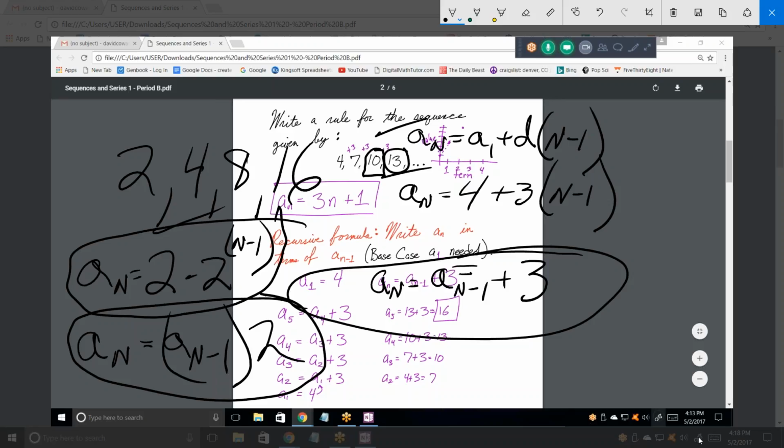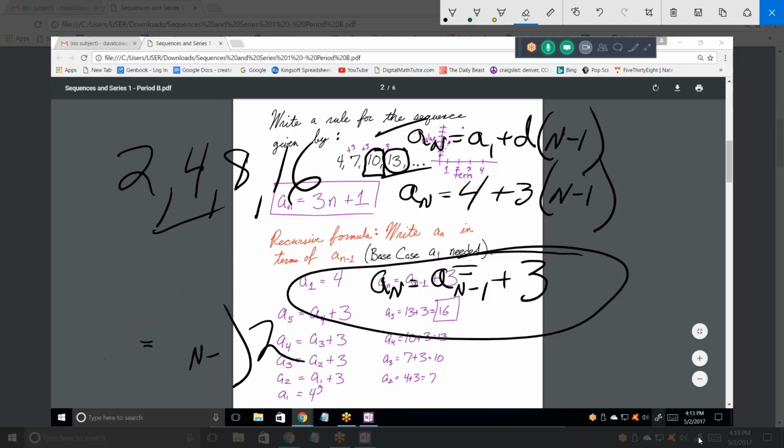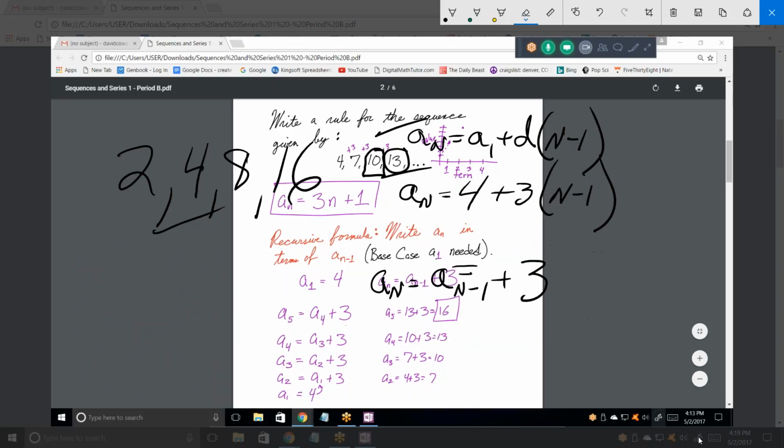I'm going to probably need to use it in a problem. Probably. I'm guessing that you wouldn't need to in order to solve it, but my answer is going to need to be in the recursive formula. Right. Well, always remember this. Pretty easy. For an arithmetic sequence, it's always the previous term plus the common difference.